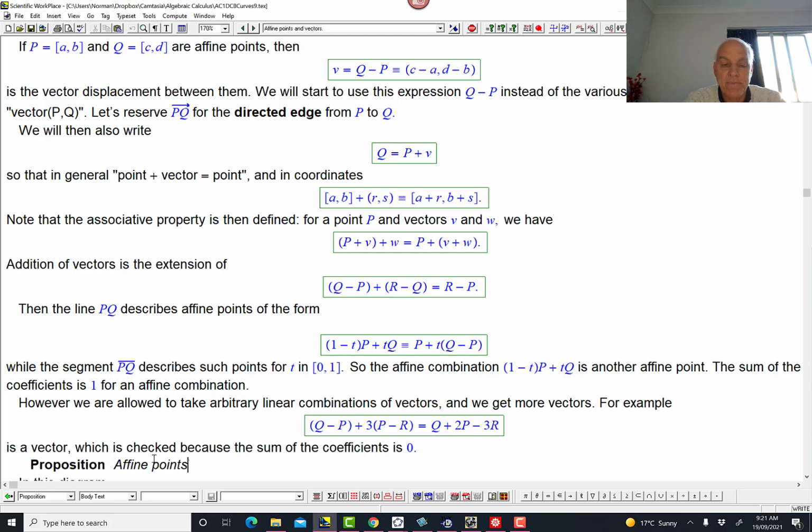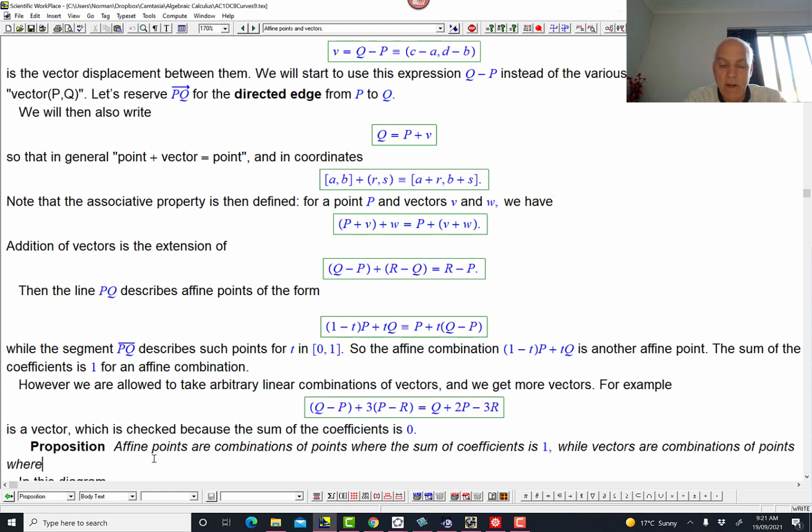Affine points are combinations of points where the sum of coefficients is 1, while vectors are sums of, or combinations of, points where the sum of coefficients is 0.